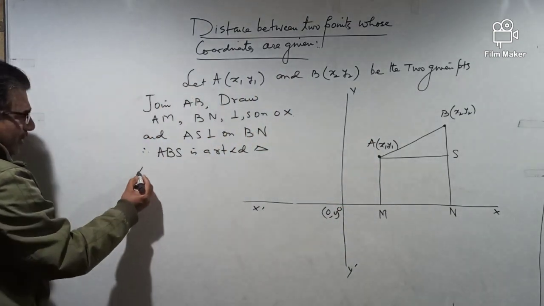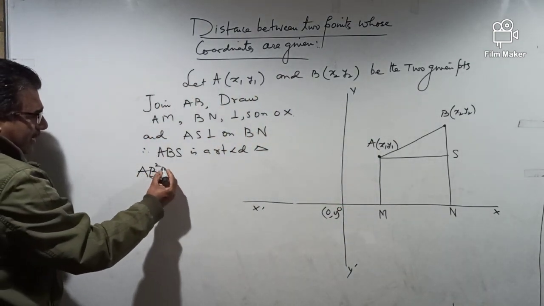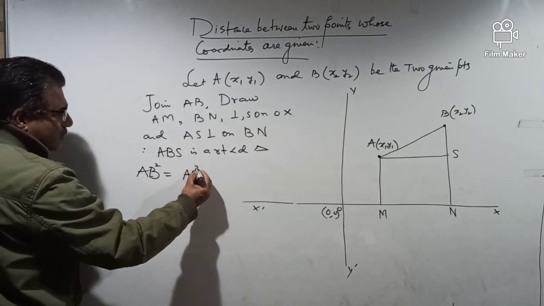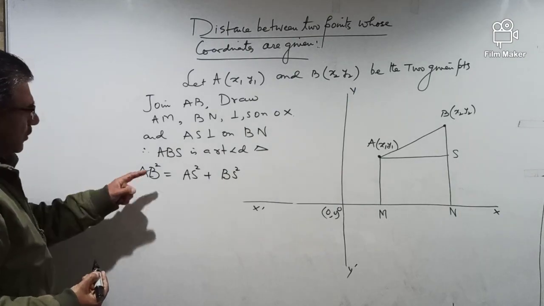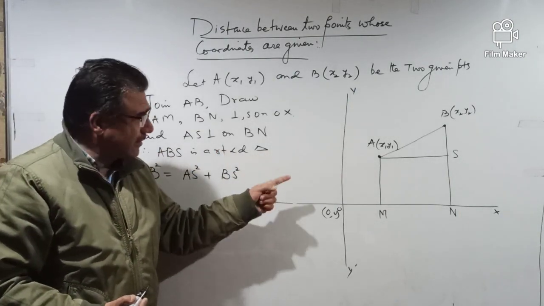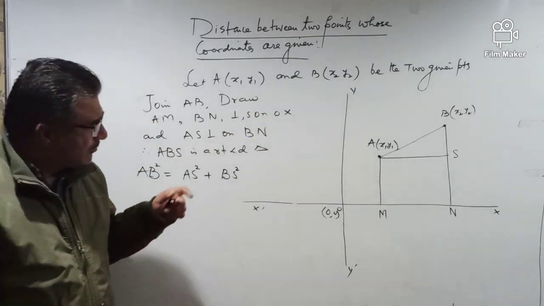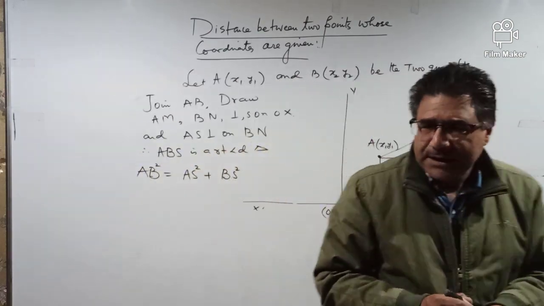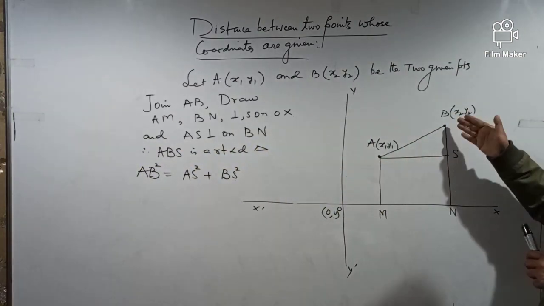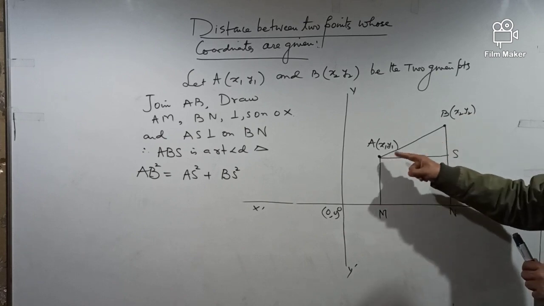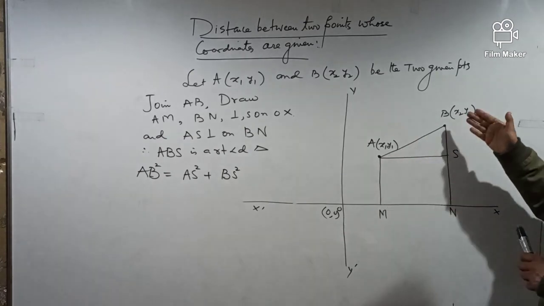So you will write AB square is equal to AS square plus BS square by Pythagoras theorem. Pythagoras theorem states the hypotenuse square is base square plus perpendicular square. So AB square is equal to AS square plus BS square.